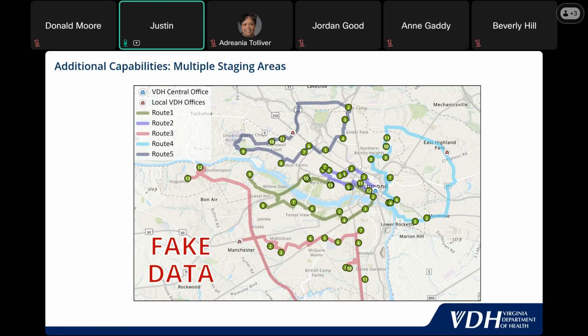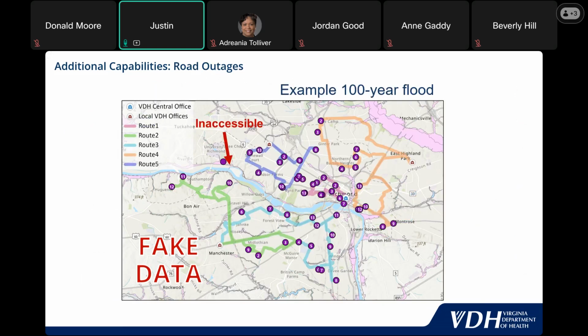Routes associated with those. And we can also use road outages, any road outage or flooding information to create routes based on those. So in this example, Alex just used the 100-year flood estimates from FEMA. And we assume that any road that was flooded that would be in those 100-year flood zones was inaccessible and closed.